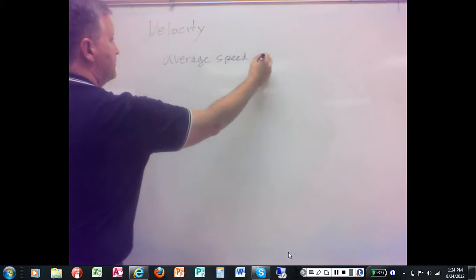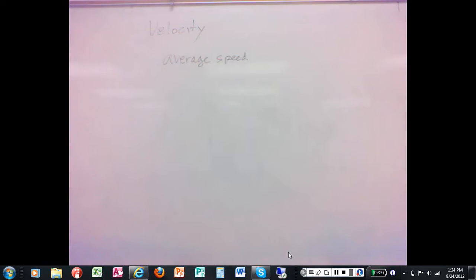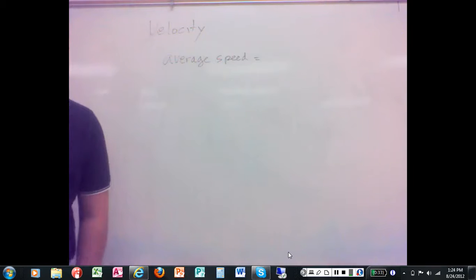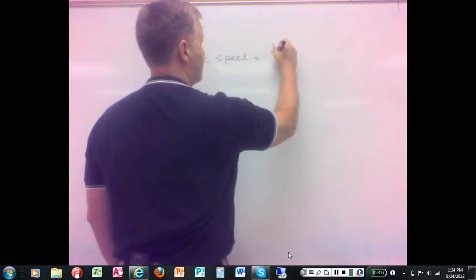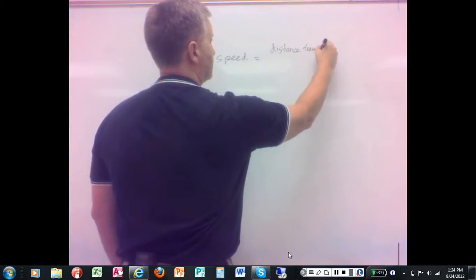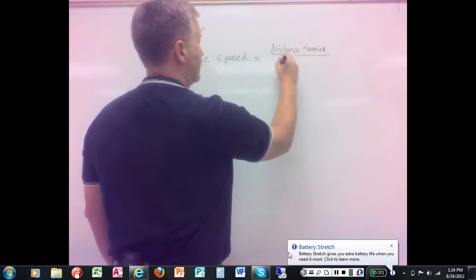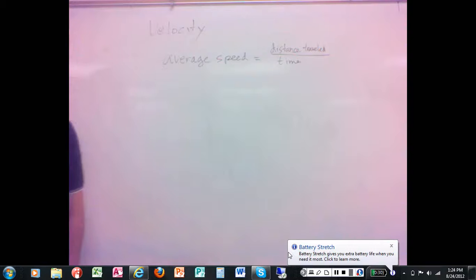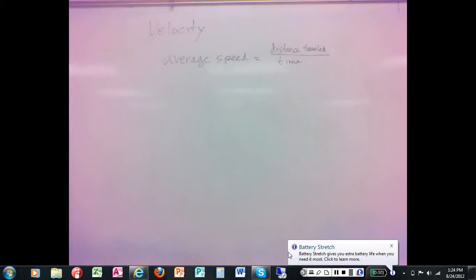And the way I compute that is by just taking the distance I traveled. Speed's distance divided by time, right? So I take the distance traveled divided by time. Average speed. Okay. All right.